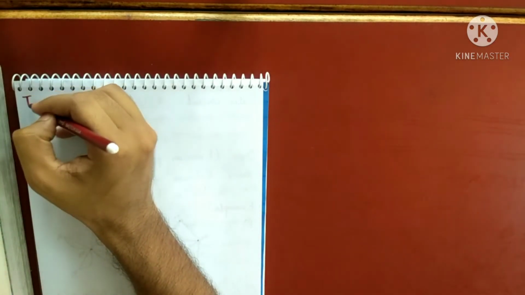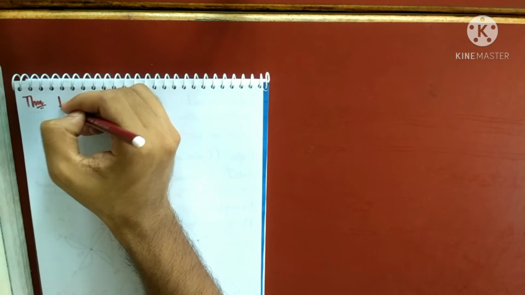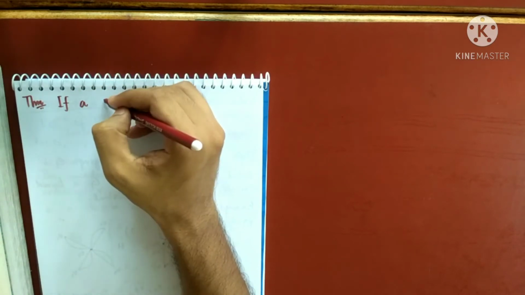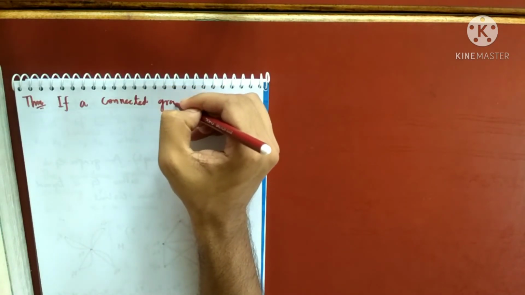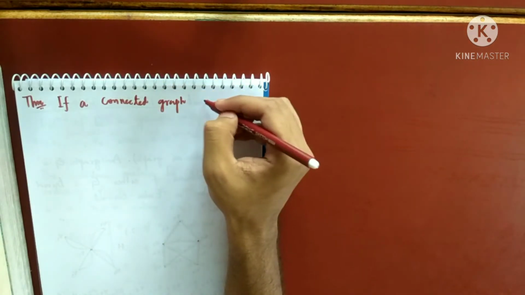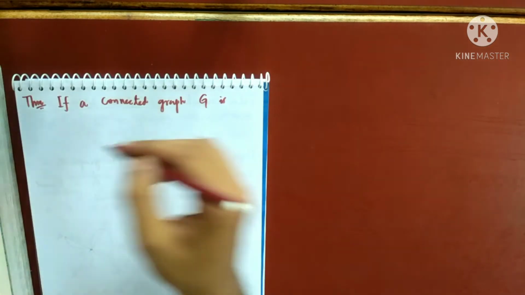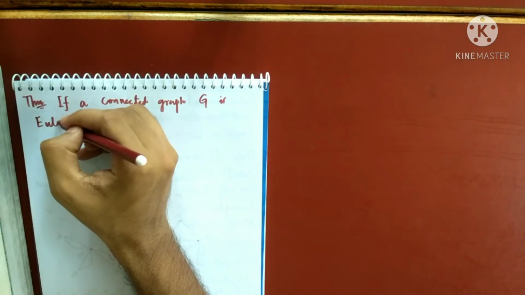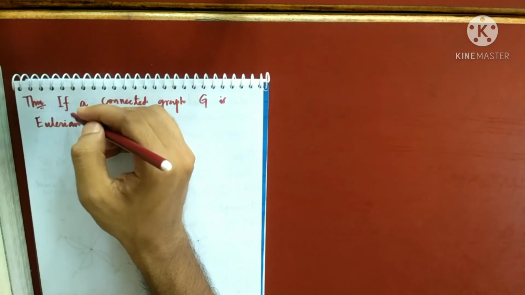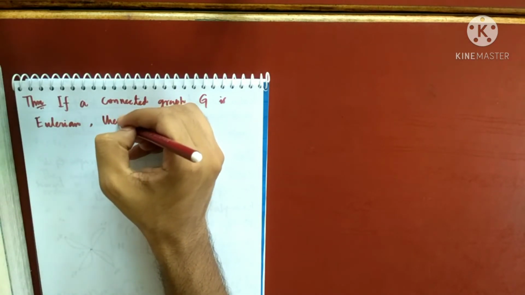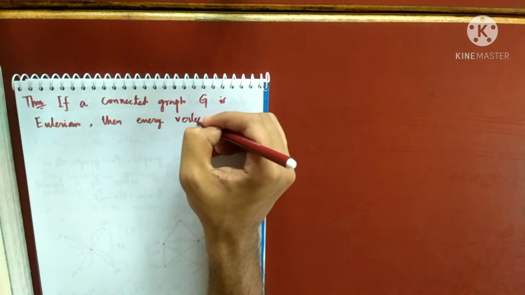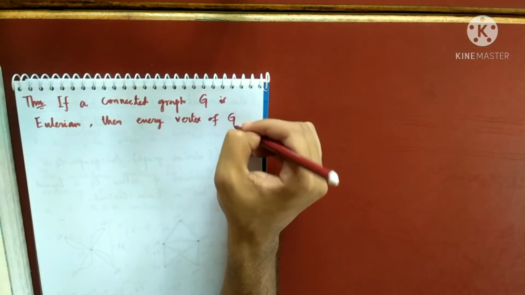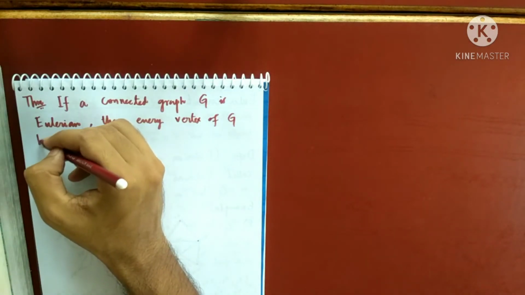The theorem is this: if a connected graph G is Eulerian, then every vertex of G has even degree.